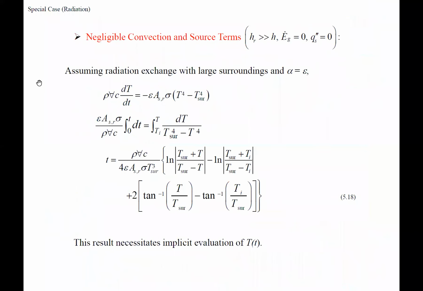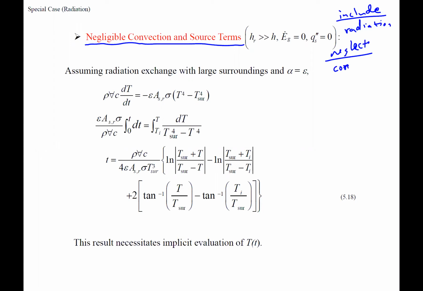All right, so now we're going to take another one, and this time we have negligible convection and source terms. So that means we're going to include radiation, and neglect convection, energy generated, and surface heat flux.